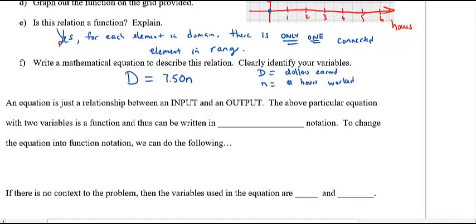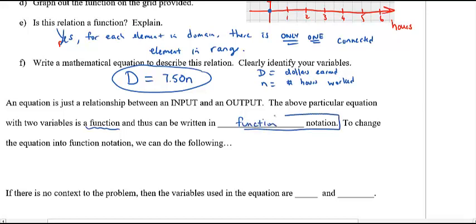Now, an equation is really just the relationship between the input and the output. This above particular equation, D equals 7.50n, with two variables, is a function, and thus can be written in something called function notation. So to change the equation into function notation, we do the following. Instead of just saying D, the dependent variable, we have to tell it what it's dependent upon. So we write this like the following.